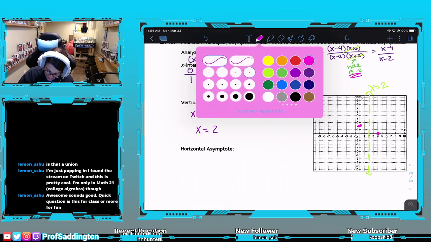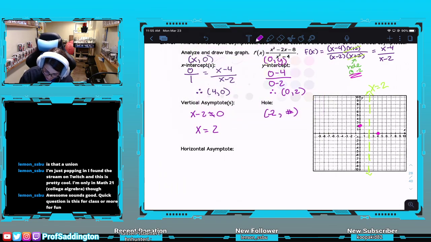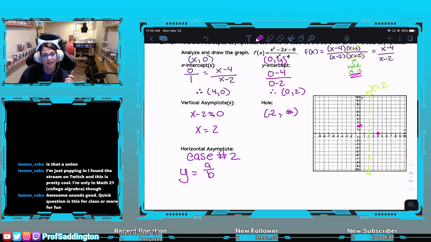And then let's deal with our horizontal asymptote. This is going to be case number 2. Because we have the same degree on the top and the bottom, we have to use that y equals a over b, the coefficient for the numerator divided by the coefficient for the denominator.